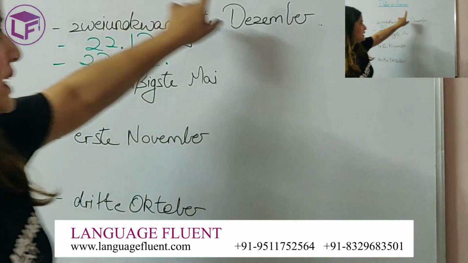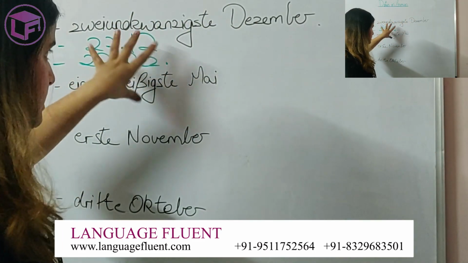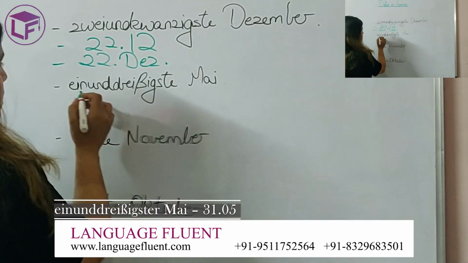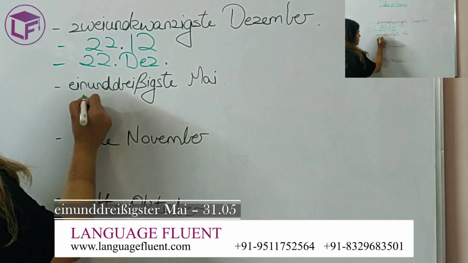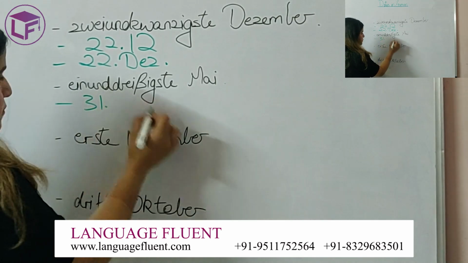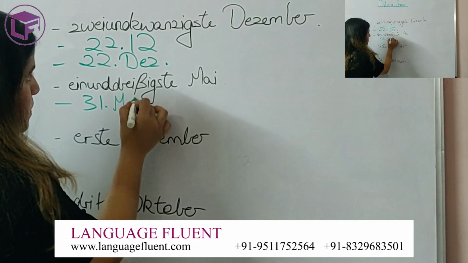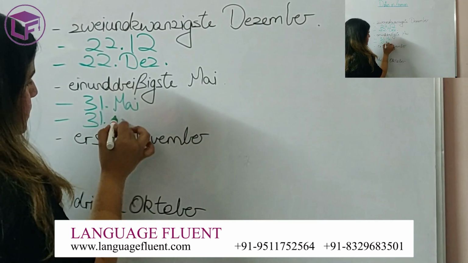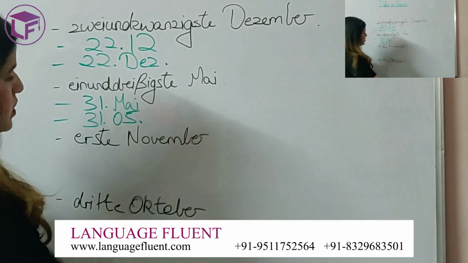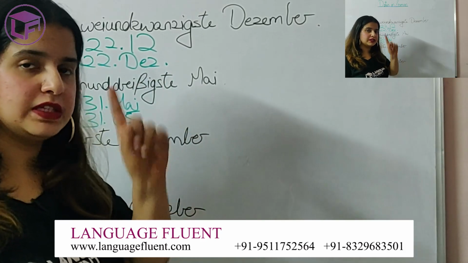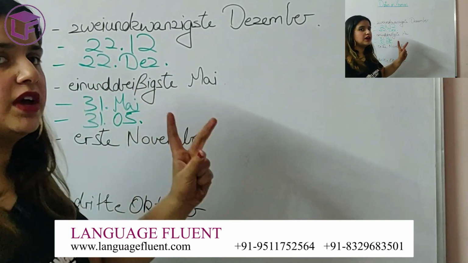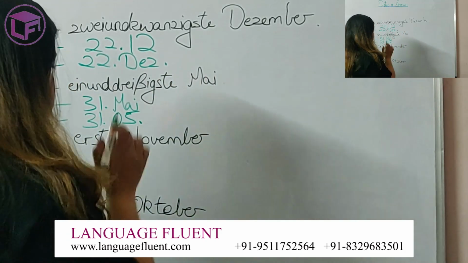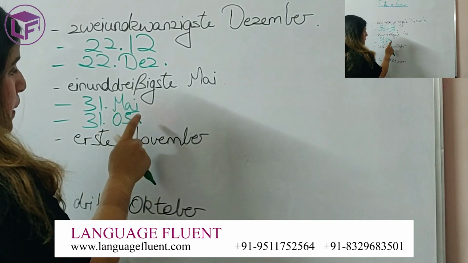So either write December in numerals as well, that is 12, or in words. Then 31 May. That will be 31. May or 31. 5, that is May. So Jan, Feb, March, April, May: May is the 5th month. 5. Monat. Therefore, 31. Mai.